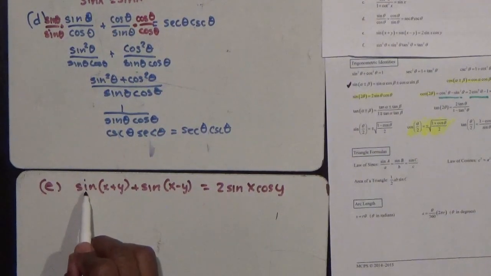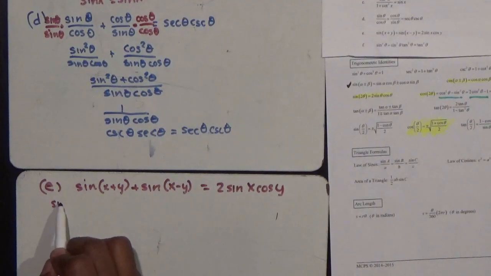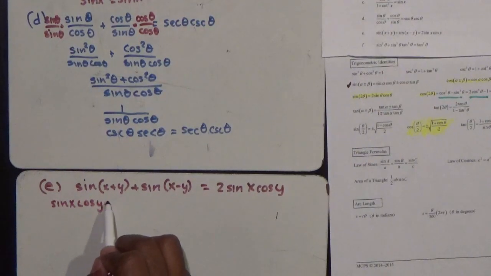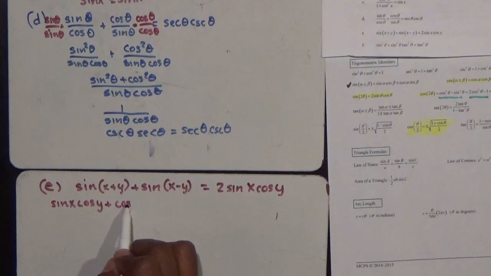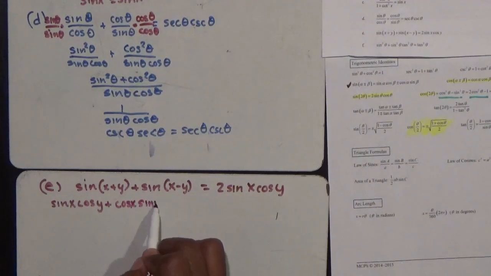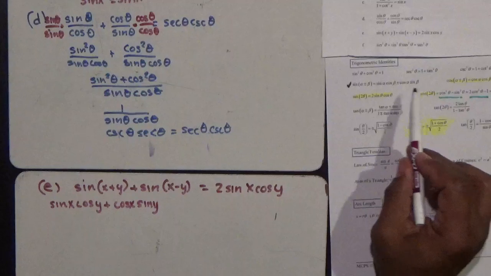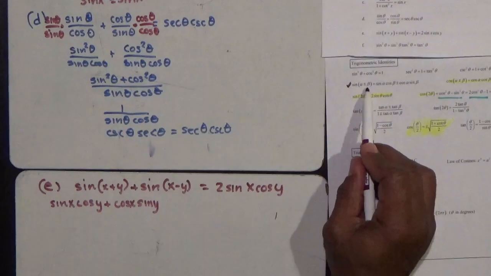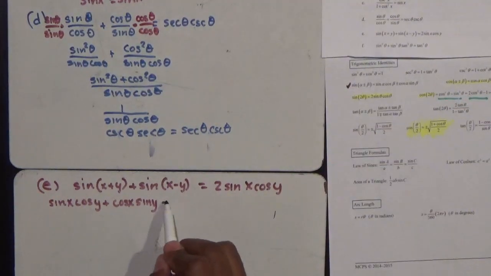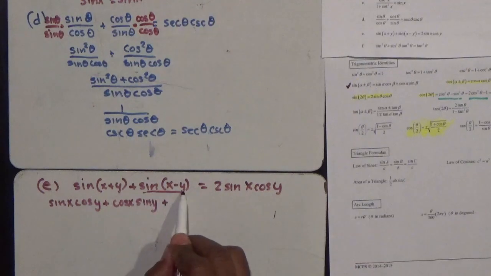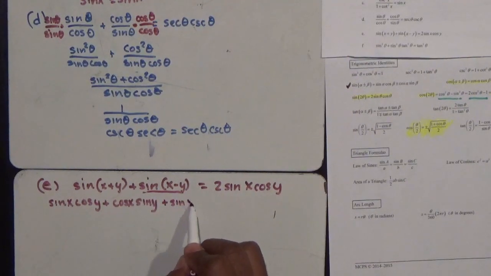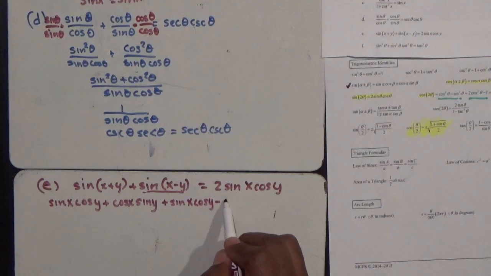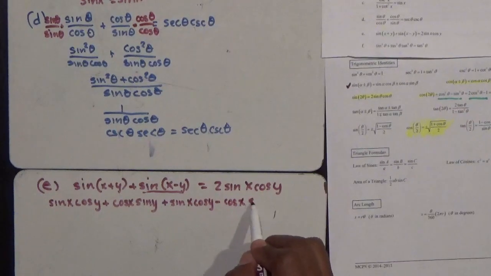This part right here, sine of a sum, same signs, so we go sine x cosine y plus cosine x sine y. All right, that's using this. Then I'm going to use it again, but I'm going to use the minus one, and the minus is minus, same signs. So this part right here becomes sine x cosine y minus cosine x sine y.